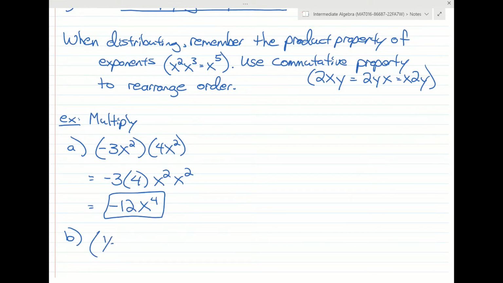What if we had 1/2 x to the third times negative 2/3 x to the fifth? Just give me a second. I want to see if you can multiply that.